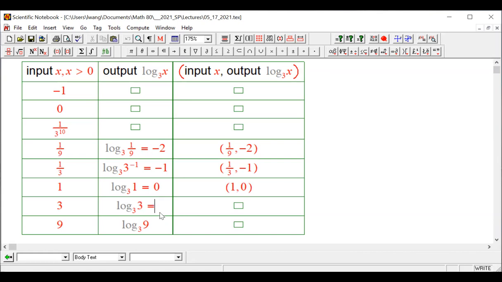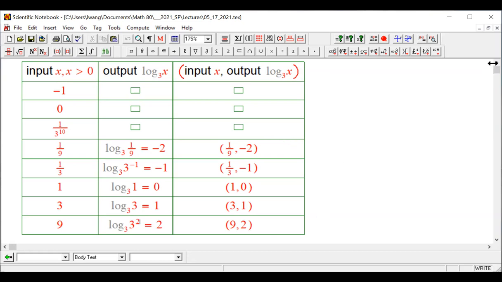And log base 3 of 3 equals 1, I'm sorry, what a terrible mistake. So input is 3, output 1. Last but not least, the input is 9 and the output is 2, because 9 is 3 squared. So these are pretty familiar points.